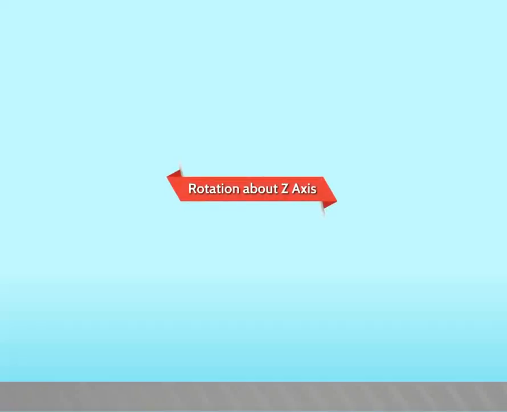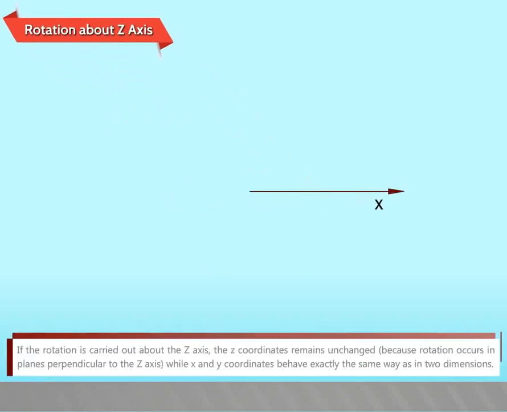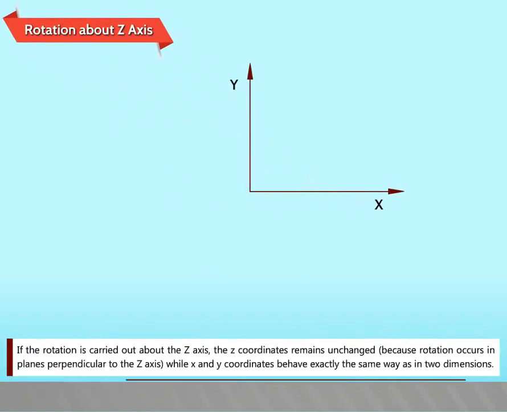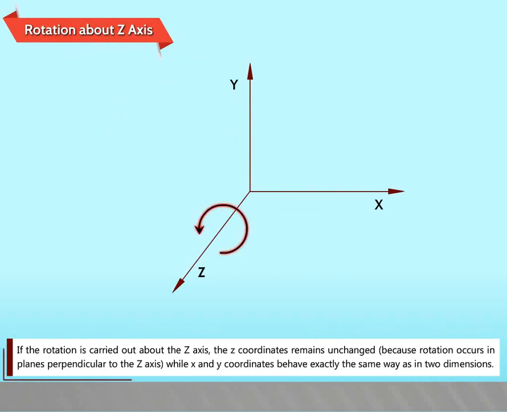Rotation about z-axis. If the rotation is carried out about the z-axis, the z-coordinate remains unchanged. That is because rotation occurs in planes perpendicular to the z-axis, while x and y coordinates behave exactly the same way as in 2 dimensions.